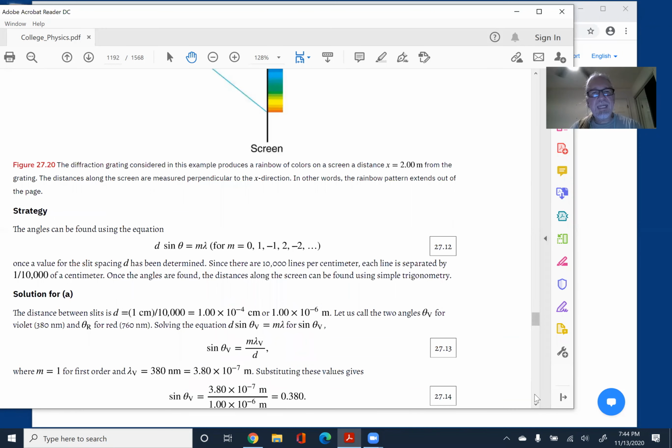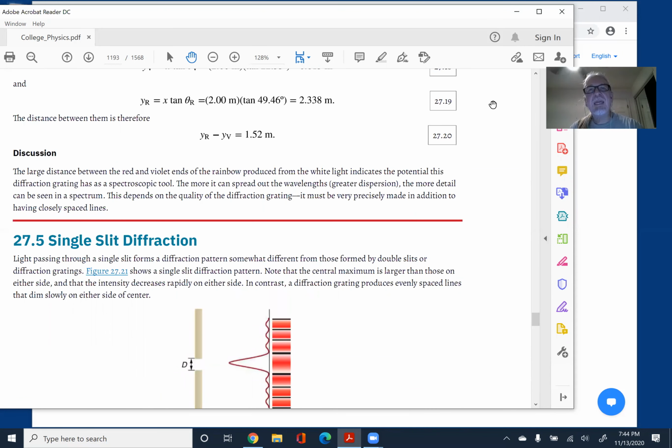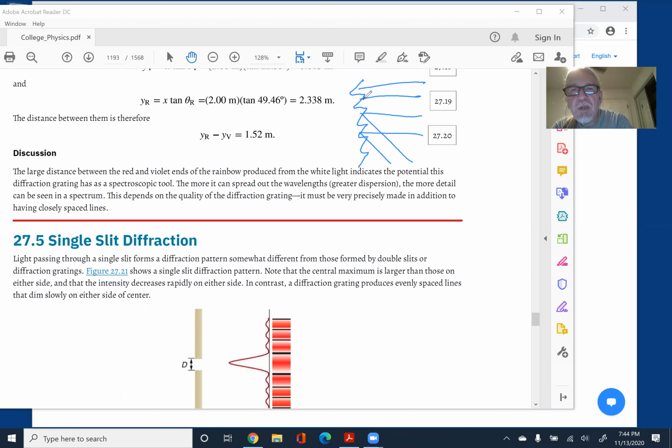What you do instead is you make up a surface which looks like this. So instead of having light go through the slits and come out on the other side, you actually bring light from one side and have it reflect on little mirrors and then come out and create a pattern on your screen.